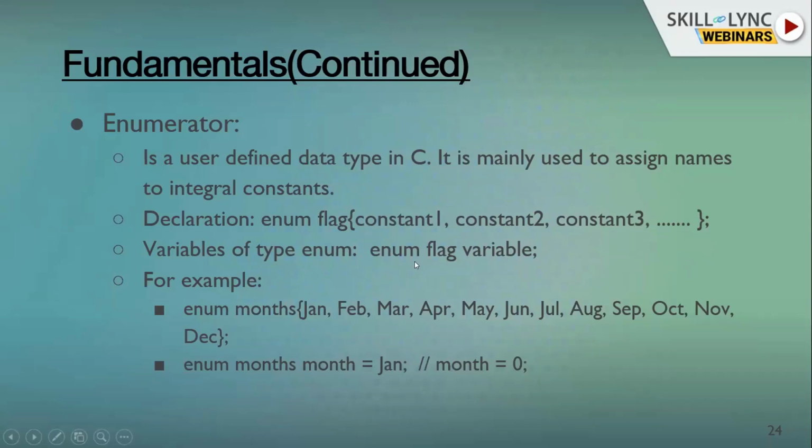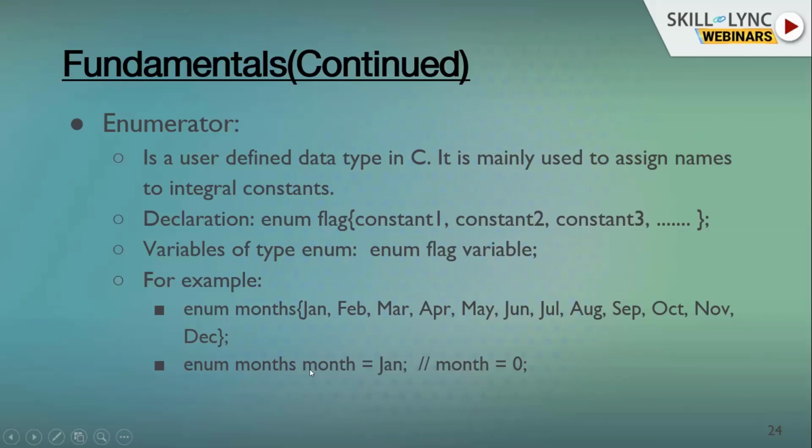And you can create variables as well. This is the declaration, and through it you can create a variable anytime. For example, I have taken this months example. We have 12 months from Jan to Dec, so I have created 12 enumerated values.